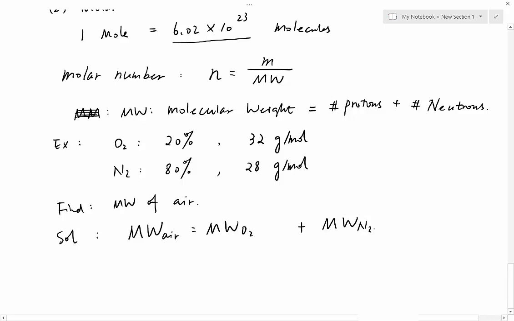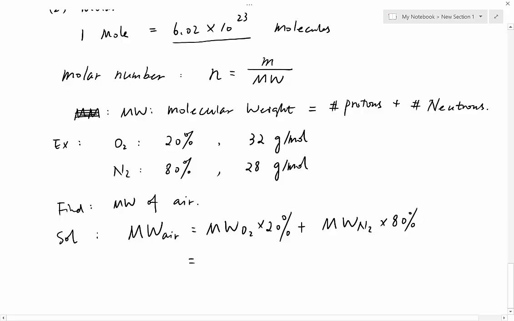How much does each one contribute? Oxygen takes up 20%, so it's going to contribute 20%. Nitrogen takes up 80%, so it's going to contribute 80%. So this is how you calculate the molecular weight of air.